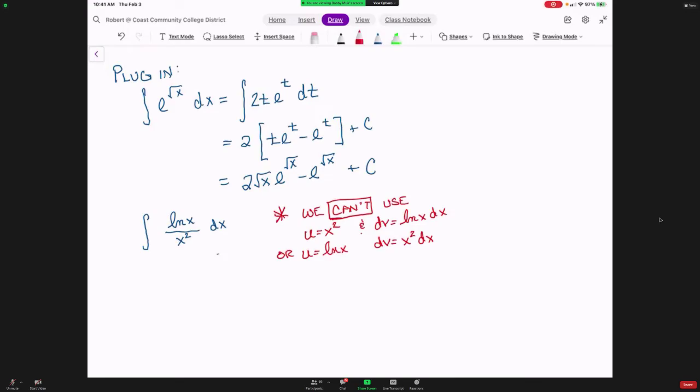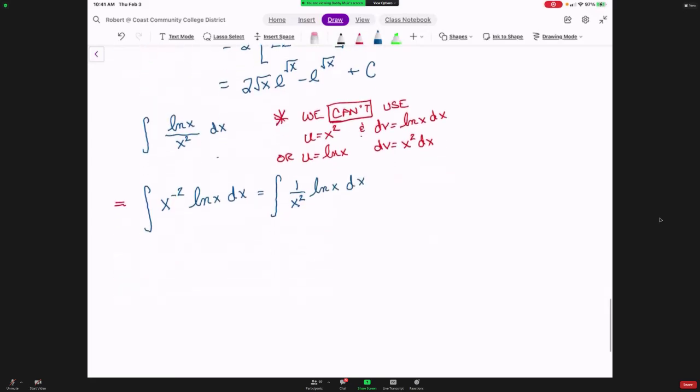So the only choices that we have here would be to identify the problem as the product of 1 over x squared times natural log of x. Or if you don't like looking at it from that point of view, write it like this. But the point is now we've got some choices to make on the products.